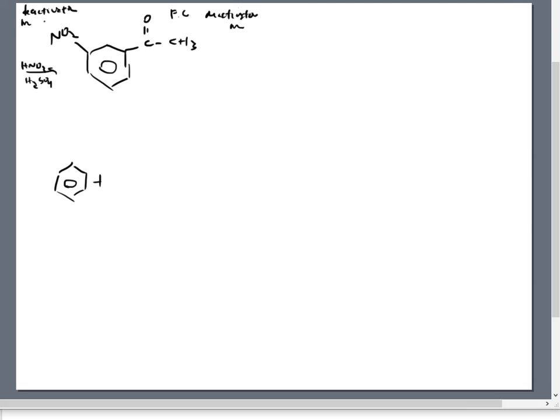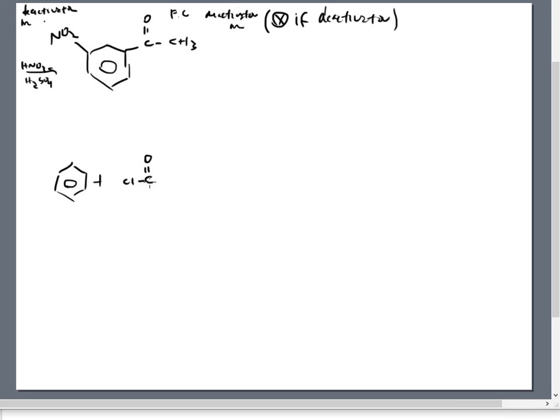But what will is that we've already discussed again and again that Friedel-Crafts cannot happen if there is a deactivator that's already on the ring. So what that means is that if I have to choose between the acyl group and the nitro group, I better do the acyl group first.